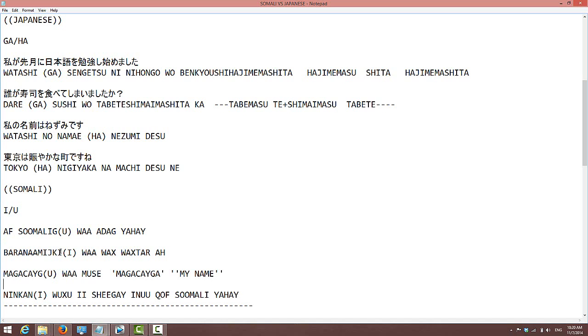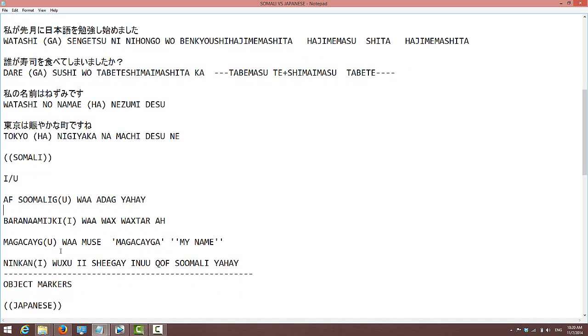And then this is another example using this e here, the I, rather than using the u. So barnaamijkii waa wax tara ah. Barnaamijkii waa wax tara ah.